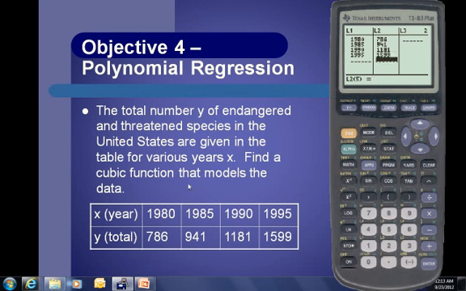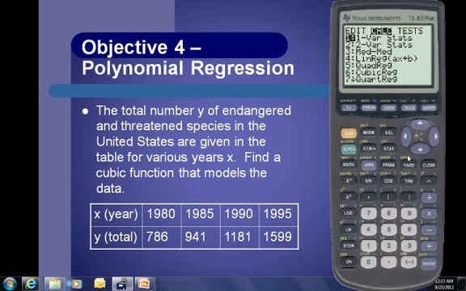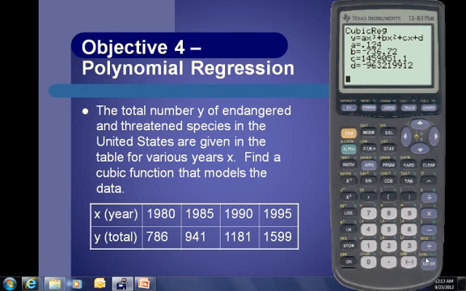Because it tells us that we want the cubic function, we can go to Stat, Calculate, and Cubic Regression is option number 6. So if we press Enter to get cubic and then Enter to do our function again, that gives us our formula.